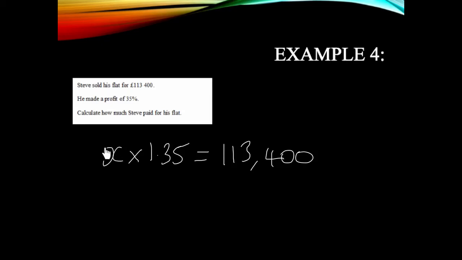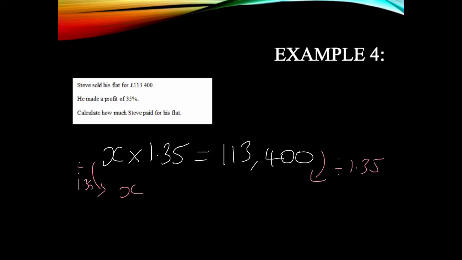We know though that this unknown was increased by 35%. So here's my multiplier. And the value of his house when he sold it was this price. So to work out what X is, I'm going to divide both sides by 1.35.